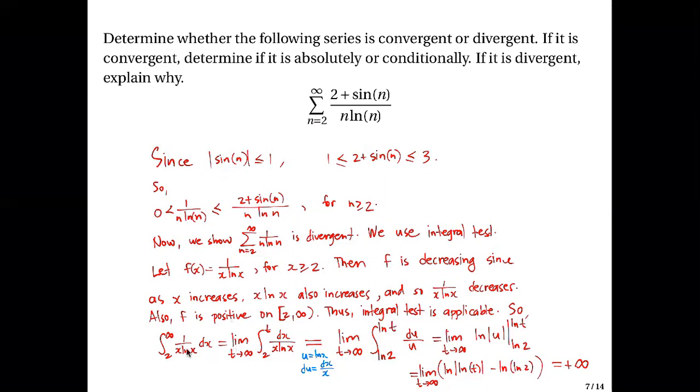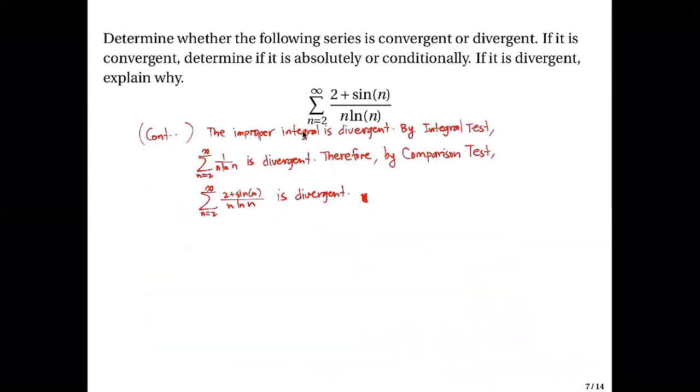And therefore, we apply the integral test. We use the improper integral now. And once we're done with the improper integral, we look at how we state all our conclusions. So that's for this example.